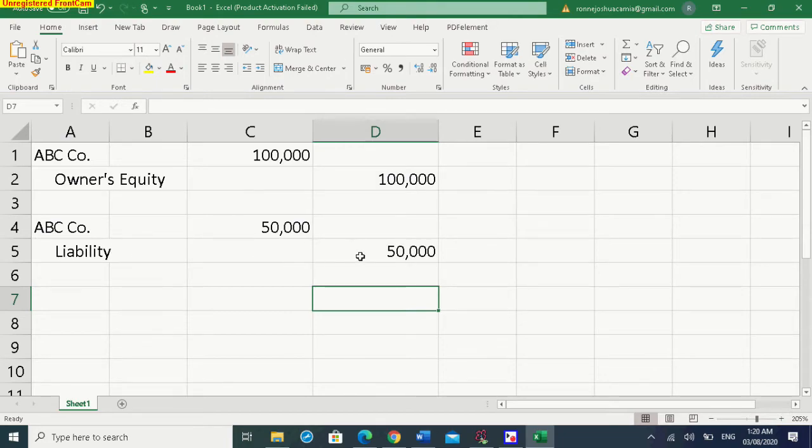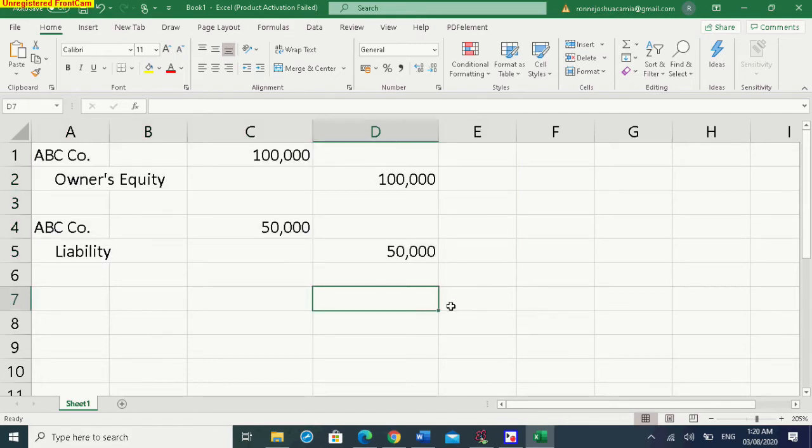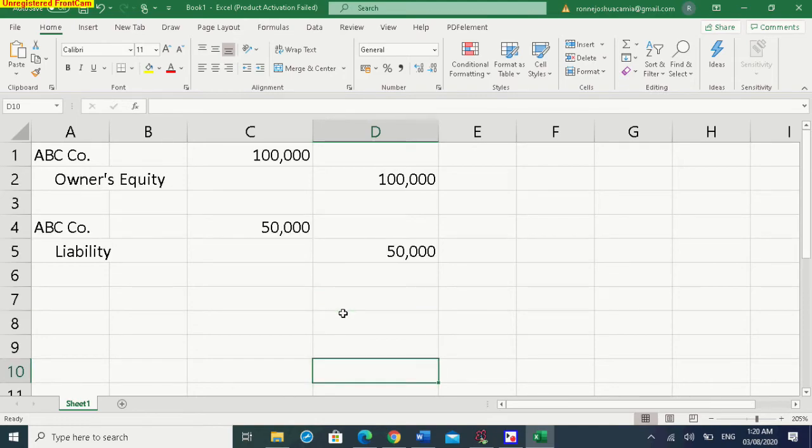So the company gained 50,000 pesos, and at the same time it owed 50,000 pesos to another company too. This whole thing is called journal entries. That's what accounting is for, to record these types of things. And it should be balanced.